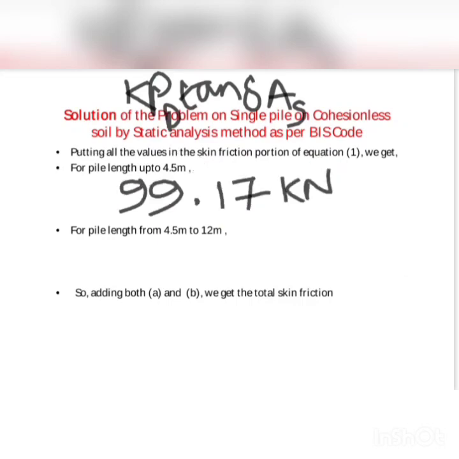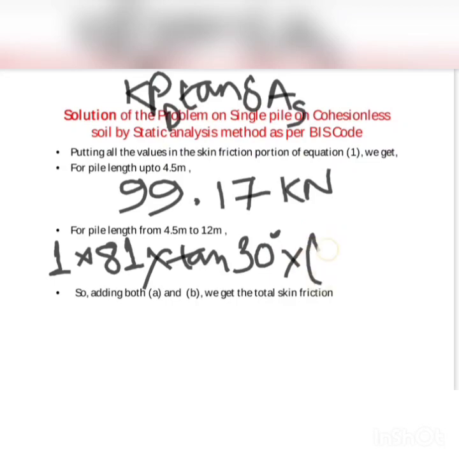Length from 4.5 to 12 meter. So it will be 1 into the value of P suffix D is 81 in this portion because it is uniform, into tan delta, that is tan 30 degree, multiplied by pi into 0.3 into 7.5, because from 4.5 to 12 meter it is 7.5 length.